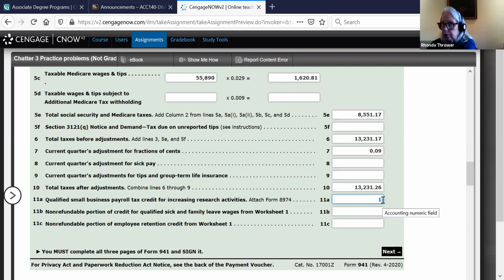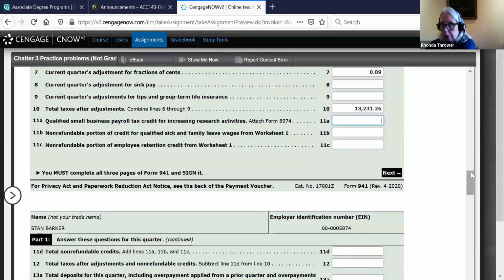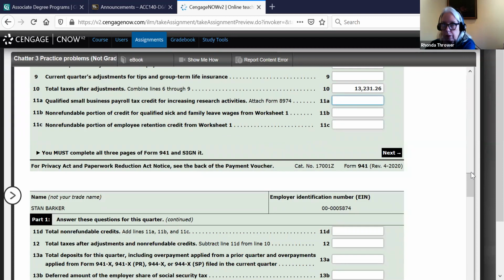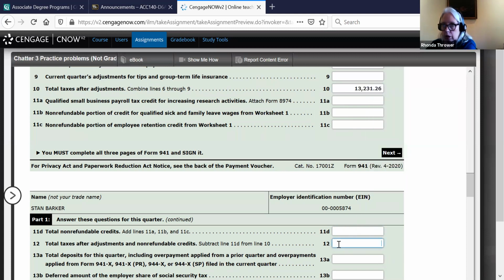That doesn't go there. A, B, and C together was 0. So there would have been a 0 that would have gone here. Since it's 0, I'm going to leave it blank. The total taxes after the adjustments are going to be this same amount here. So let me copy and paste that in right here.